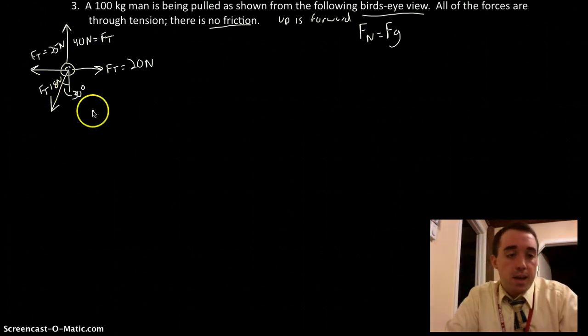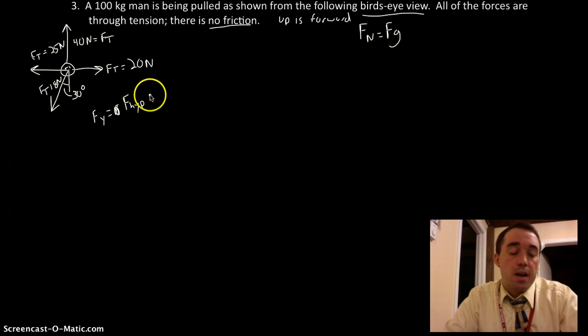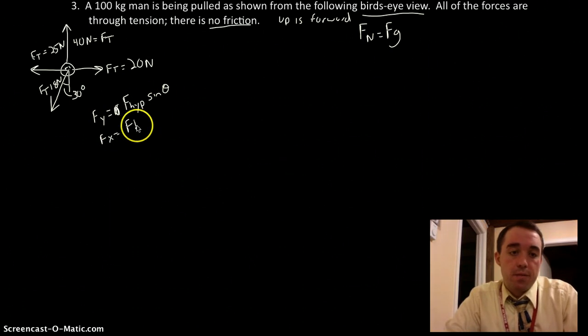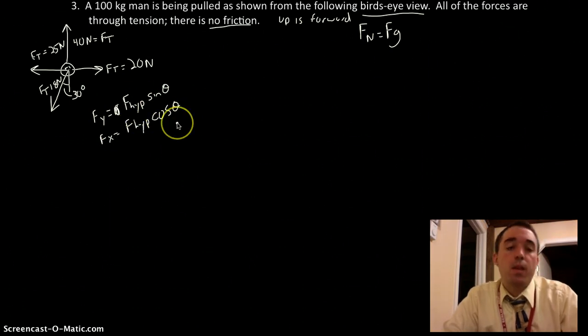In class I said that Fy is hypotenuse, F-hyp, you've probably seen this equation, times sine of the angle, and Fx is F-hyp times the cosine of the angle.